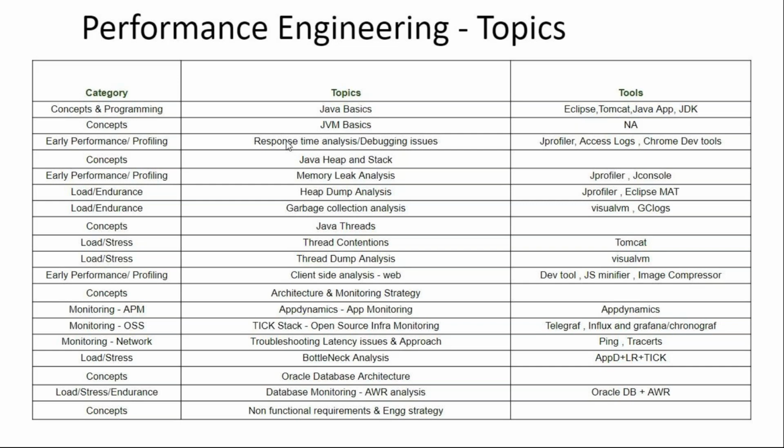So CPU, response time, memory, thread, all these things are going to be part of your early performance work for every functionality, every page, every API, before you do a proper load testing. All these things I'm talking about have nothing to do with your load, it's all single user analysis that you will do early in the life cycle, right?